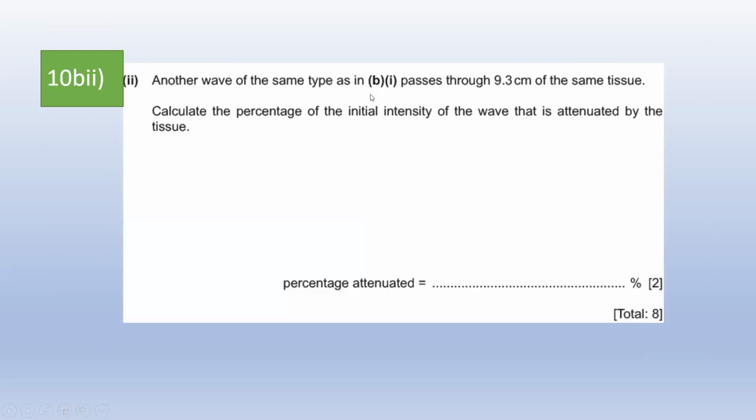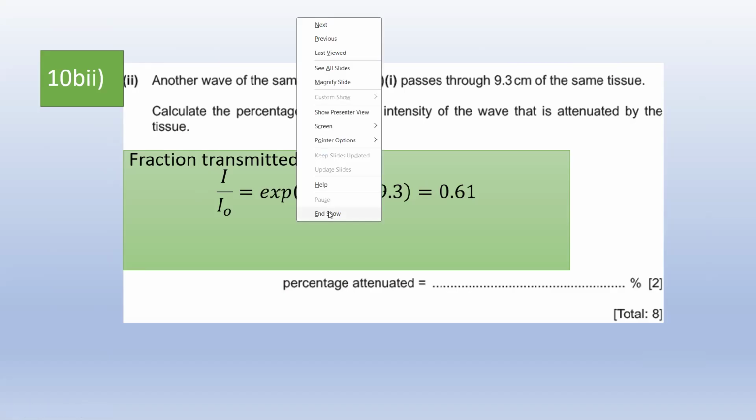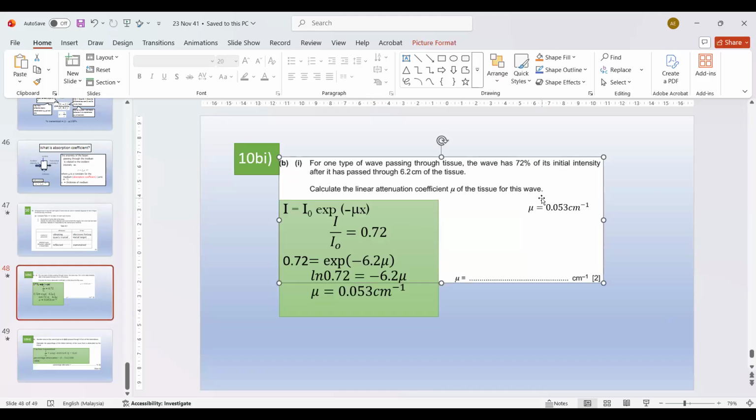Another type of wave has passed through 9.3 cm of the same tissue. Calculate the percentage intensity of the wave that is attenuated by the tissue. Fraction transmitted I over I naught.